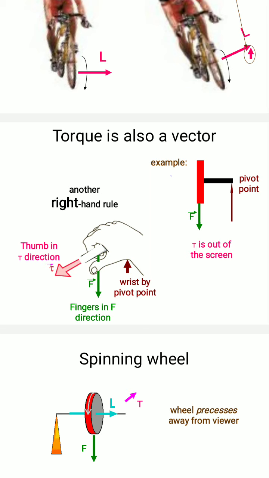The wrist will be the pivot point, meaning the center point from which the rotation happens. So always remember this right hand rule: force is in the direction of the fingers except the thumb, and torque will be along the direction of the thumb.